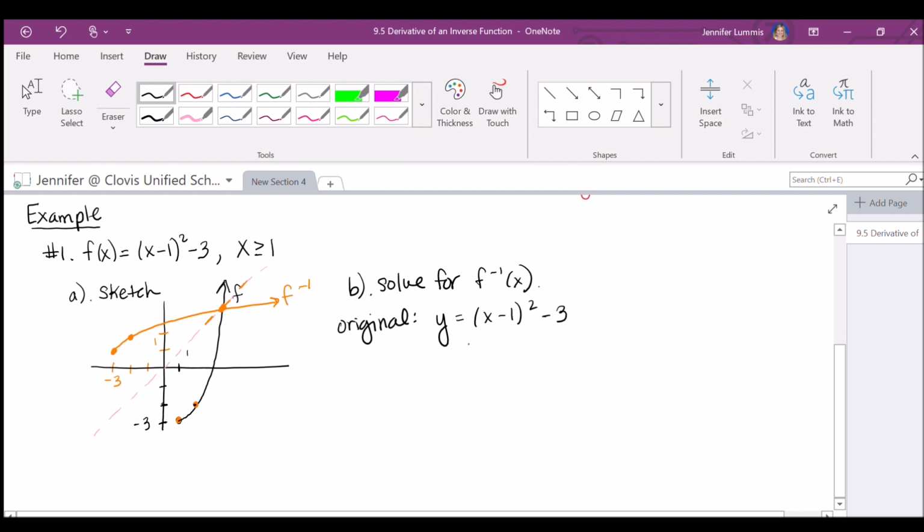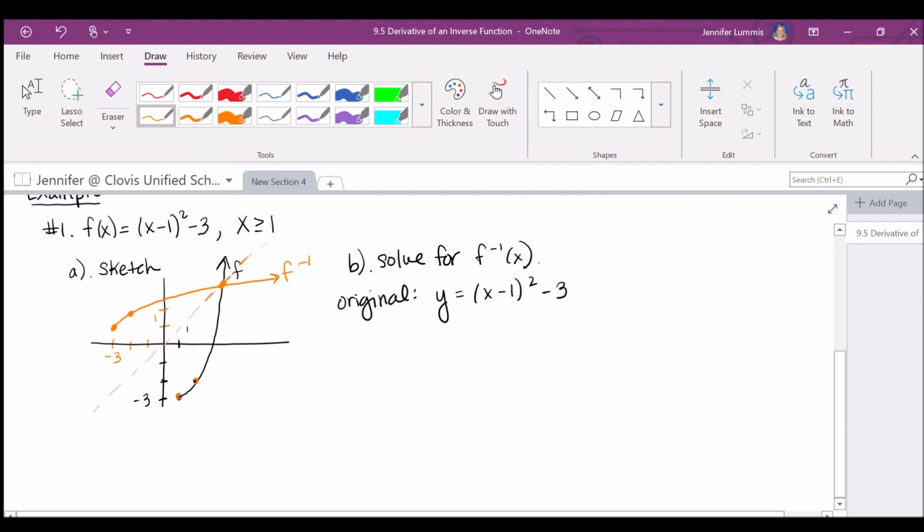We're going to switch places with x and y. And now it becomes x is equal to (y minus 1) squared minus 3. From here, we want to get y by itself, so we start by adding 3. And then we're going to get rid of the exponent by square rooting both sides.